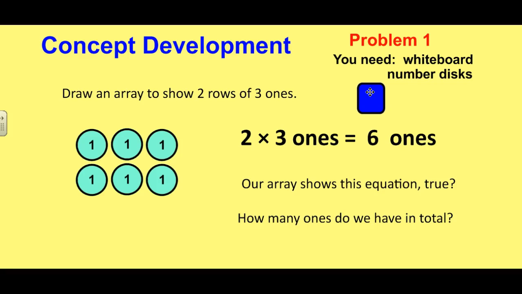Our array shows this equation. Is that true? Does our array show 2 times 3 ones? When you look at it, the 2 represents how many rows, and the 3 ones represents how many in each row. So yes, this equation does show our array, and we just found out that we had 6 ones total.